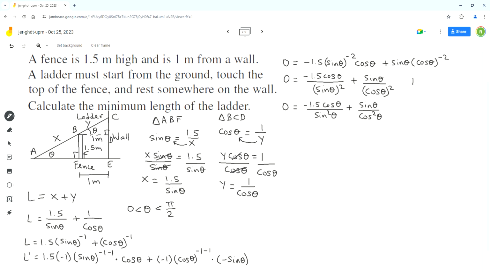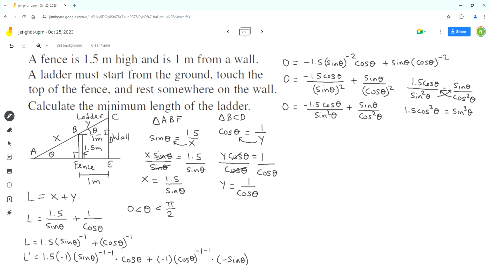So we get... next we can cross multiply the denominators.